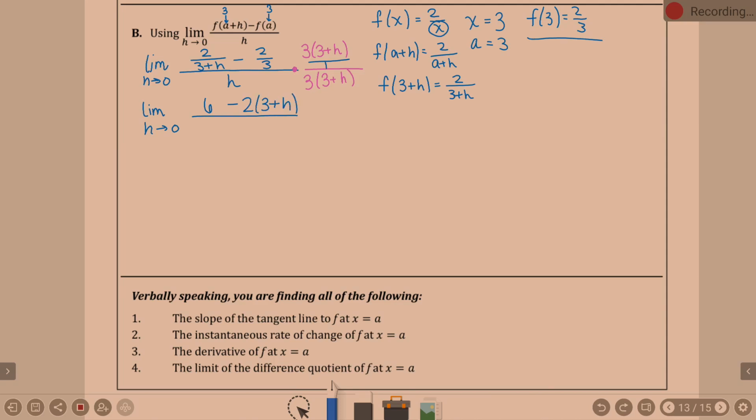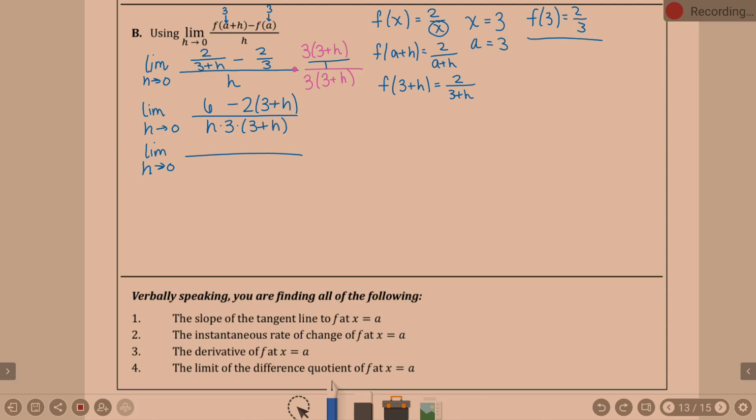Now, my denominator is the H times the 3 times the 3 plus H. Let's clean this up a little bit. On top, I am going to have to distribute. Why am I going to say he wants to cancel a 3 plus H? I'm going to veto, because on top this is subtracting.